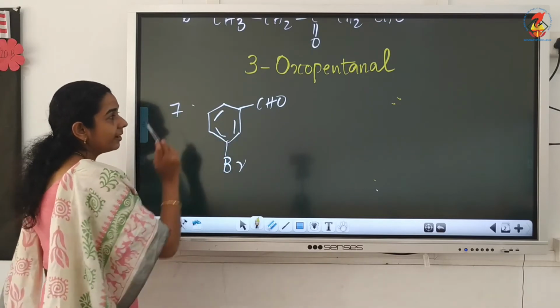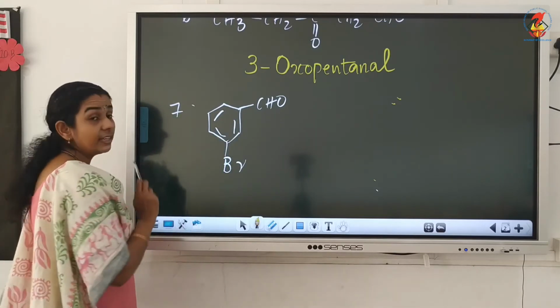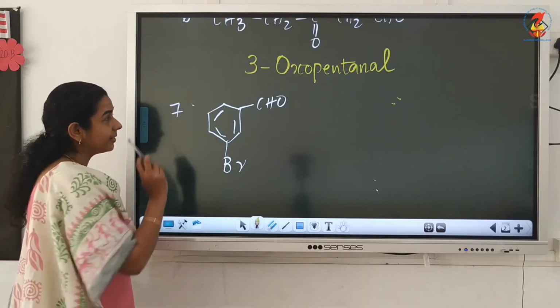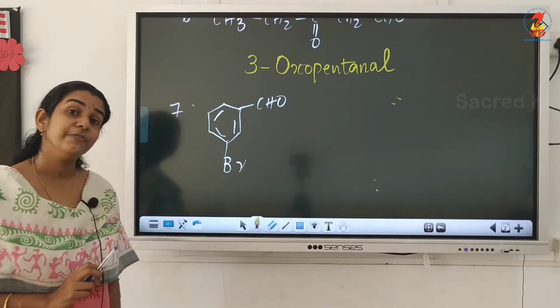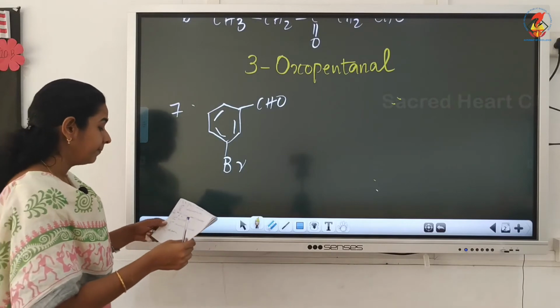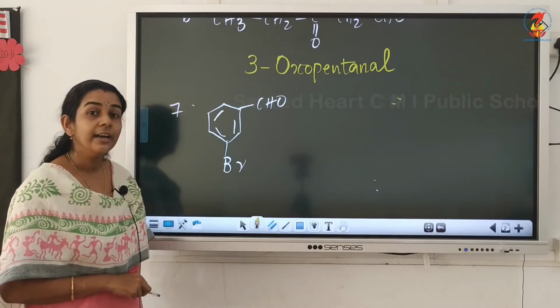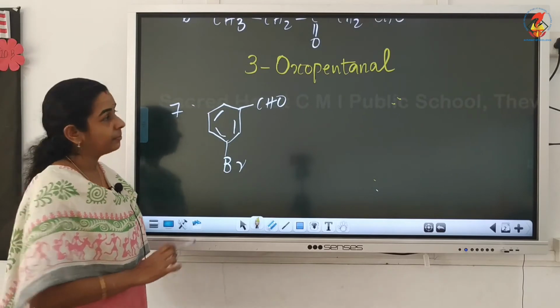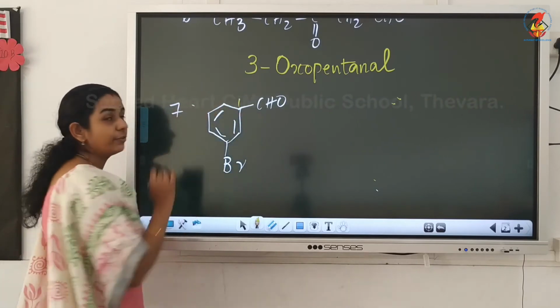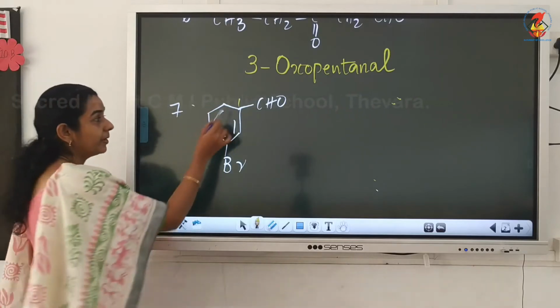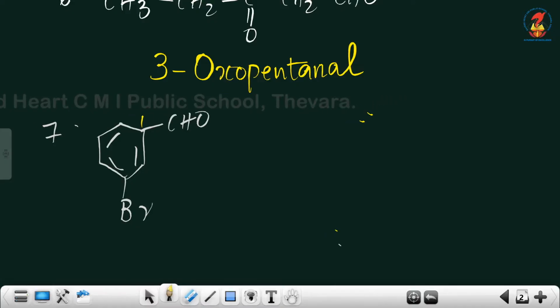So either we can start from bromine or we can start from aldehyde. So from where should we start actually? The highest priority functional group should get the lowest possible number. So we have to start numbering from the CHO attached carbon. So we have to go in the clockwise direction, otherwise bromine will be getting a large number.